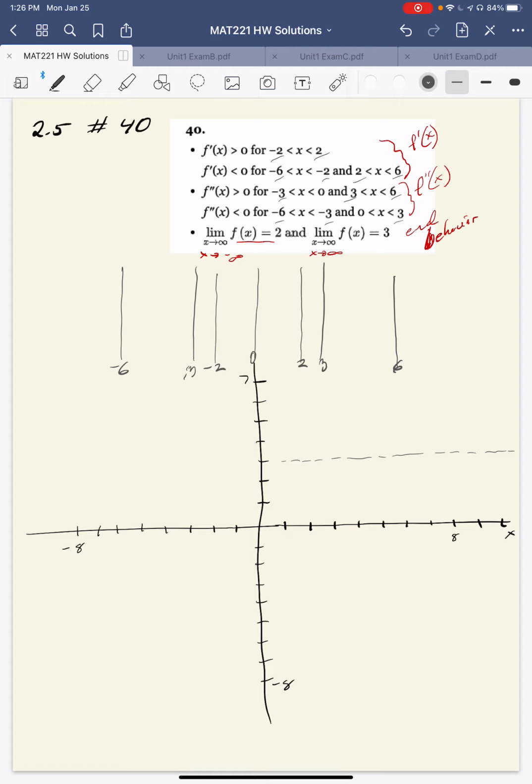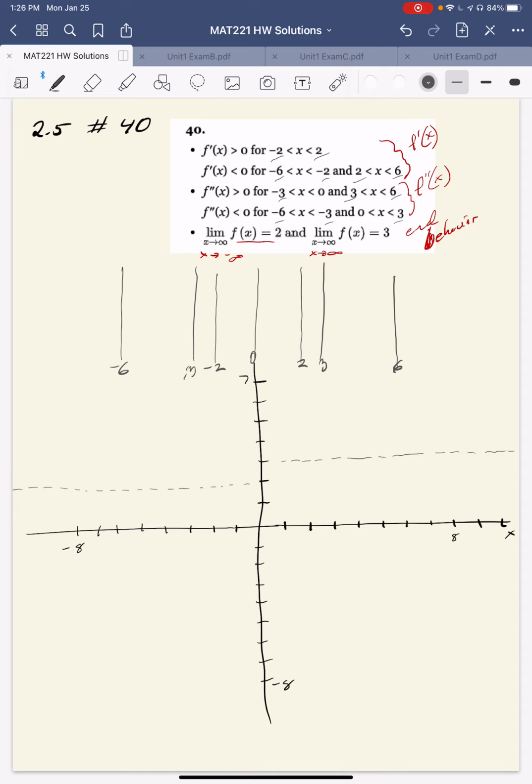And then in the negative direction, the limit is 2. So I'm going to have a horizontal asymptote in the negative direction of positive 2. I'll just put those in there for now to be like guidelines for helping me graph my function.